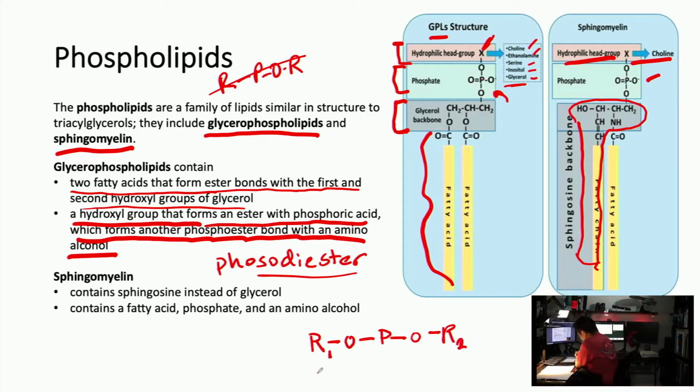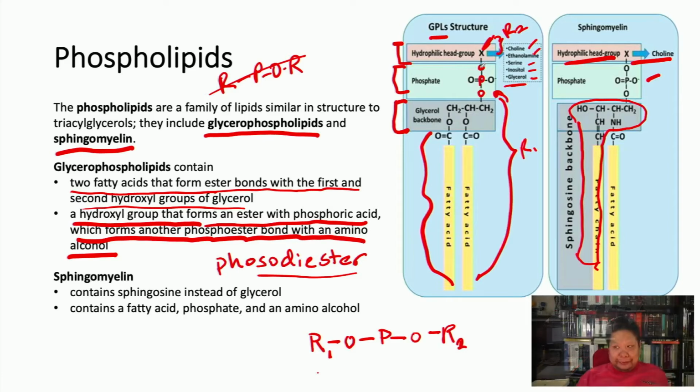In the case of the glycerol phospholipid, this part here of the phosphodiester bond is R1, and then this part here, with the hydrophilic head group, is R2. And in between we have our phosphodiester bond with the P of the phosphodiester bond. Now, if you're really good, you'll know where else we see a lot of phosphodiester bonds.